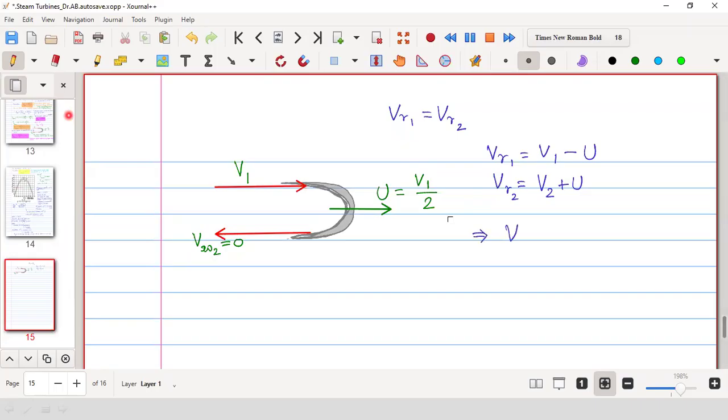So V1 minus u is equal to V2 plus u, তাই না? তাহলে কি হচ্ছে? তাহলে V1 is equal to V2 plus 2u, তাই তো?